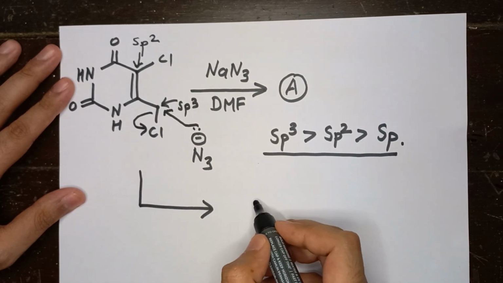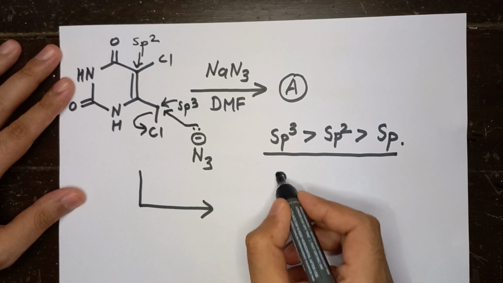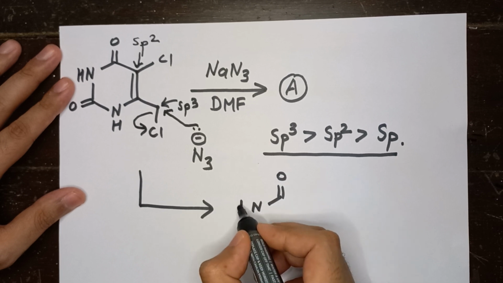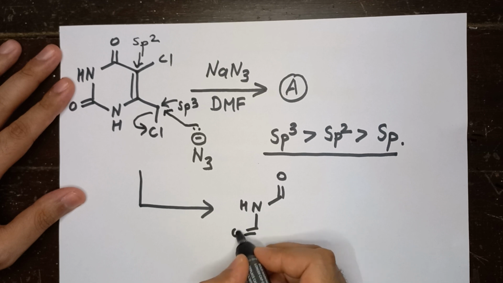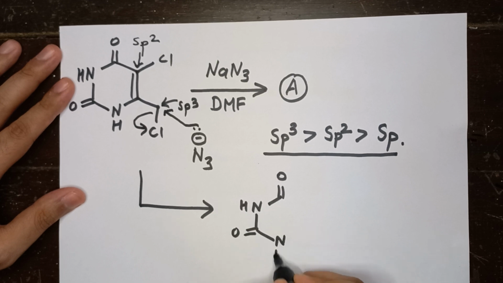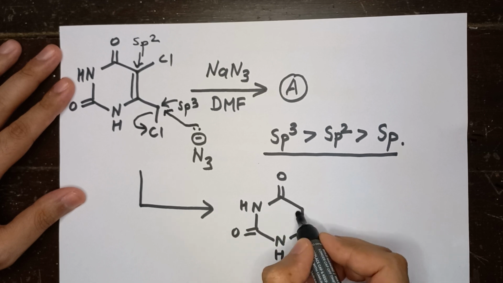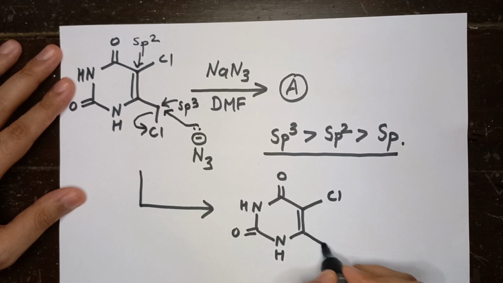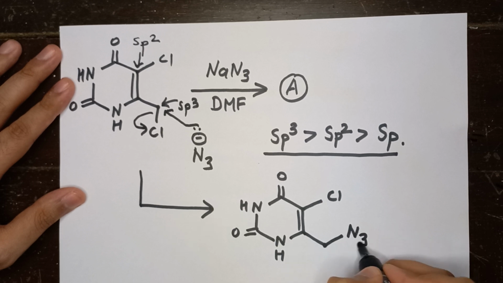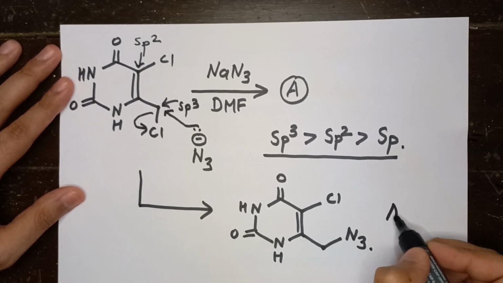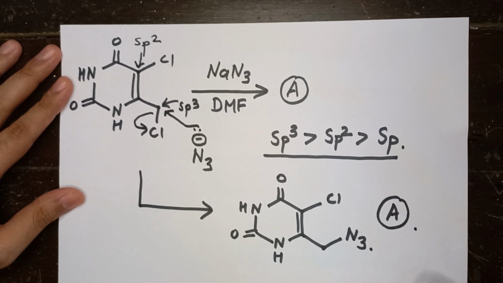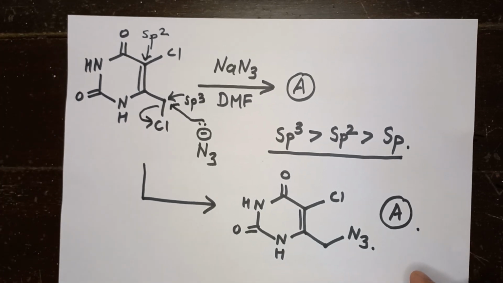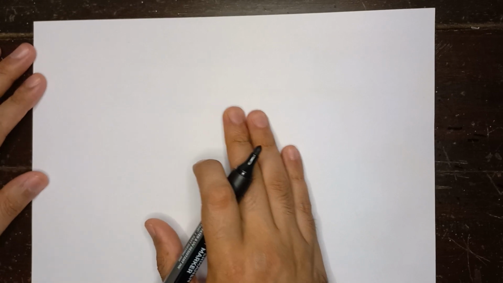So the molecule structure of A will be, so this one will be as it is. We have CH2 and we have replaced Cl with N3. So this is the structure of A. So let me redraw my A.